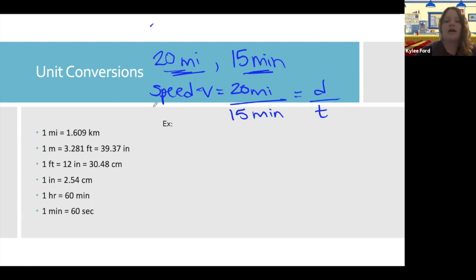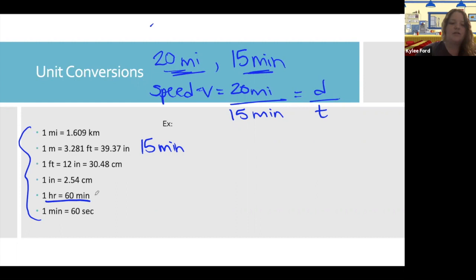So why don't I first convert our 15 minutes into hours, okay? So let me take my 15 minutes and I wanna convert it to hours. So I'm gonna look at my little conversions over here and see how many minutes are in an hour. Hopefully we know this offhand, but sometimes it takes us a minute.